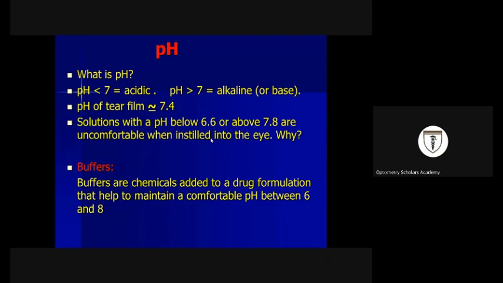So for it to be within the normal range of pH, a concentration of buffer is added to get the normal range of pH that will be comfortable for the eye. But at some point, some buffers can also keep the pH of this drug outside the normal limits, and this makes the drug sting.